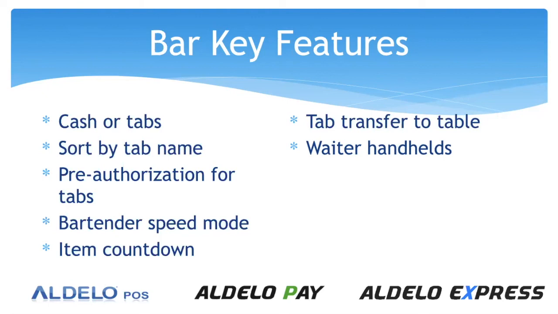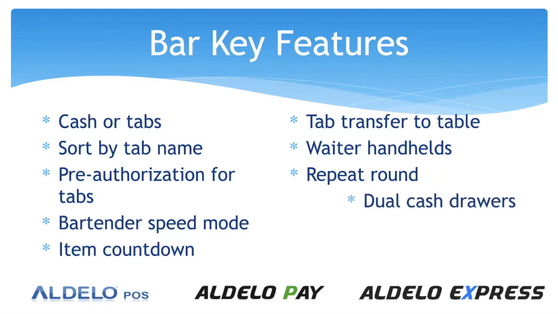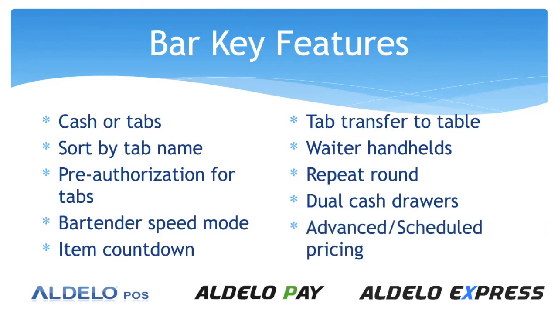That's very unique in the industry. We mentioned repeat round already, and you can have dual cash drawers, one for each of the two bartenders. And then we do advanced schedule pricing. This is back to the happy hour, entertainment hour, those type things. Those can be set up just for the bar.